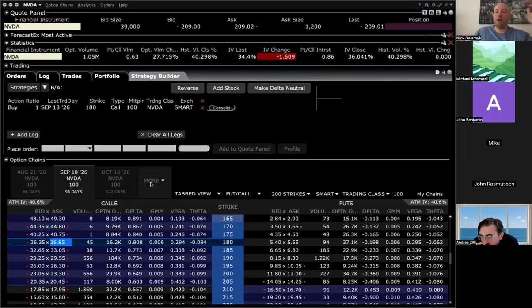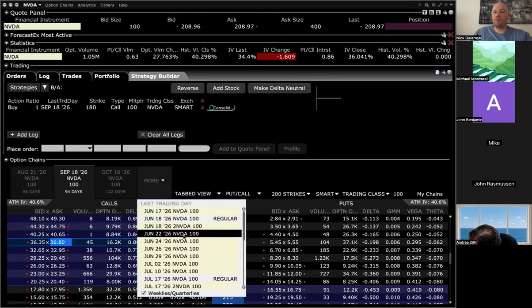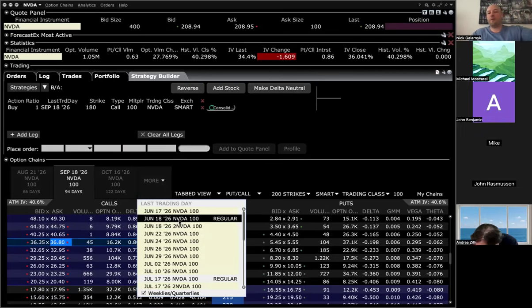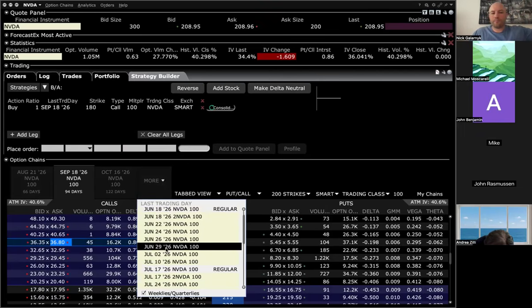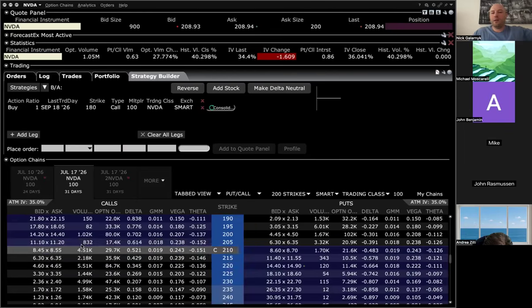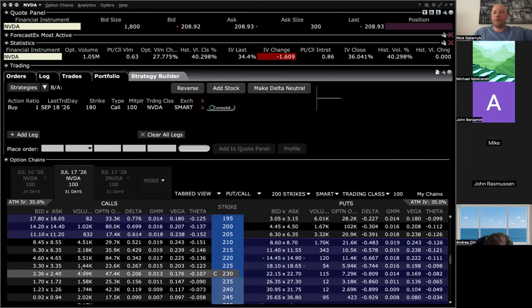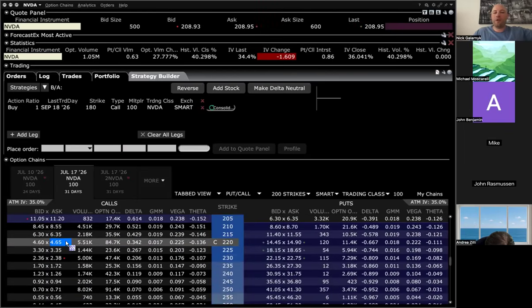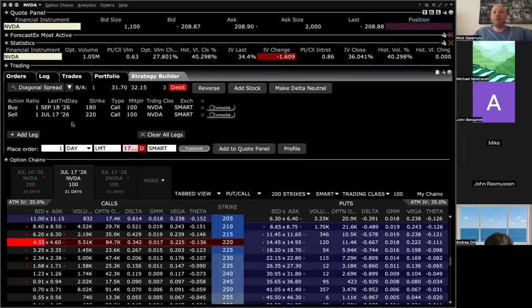So I can sell call options on shorter durations above my strike price to harvest premium and reduce my cost basis. So let's say, for example, I go to July 17th again, right? The same expiration date. And let's say that I want to sell the 220 strike price call option against my September call option. I can do that.